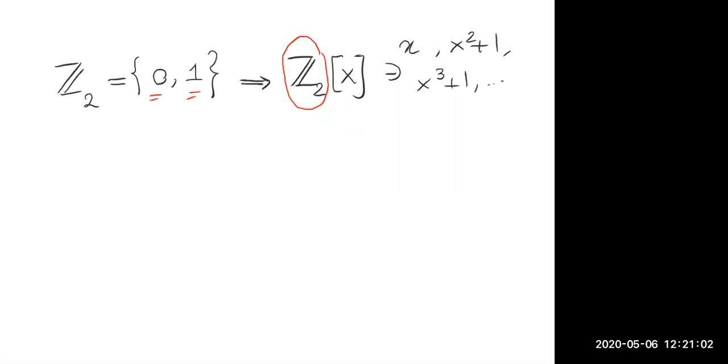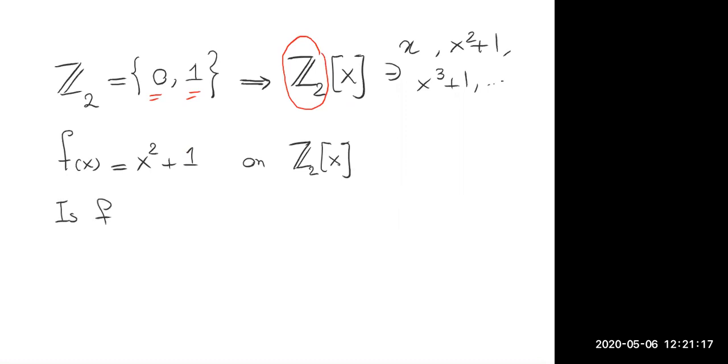So consider this polynomial here, f = x squared plus 1. First of all, on Z_2[x], is this polynomial f reducible or irreducible?